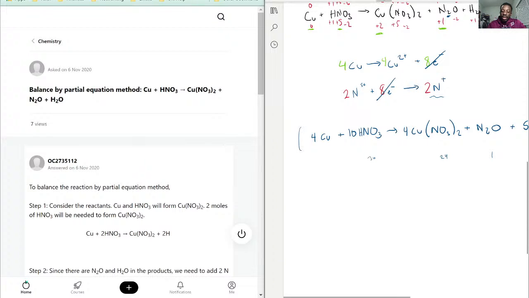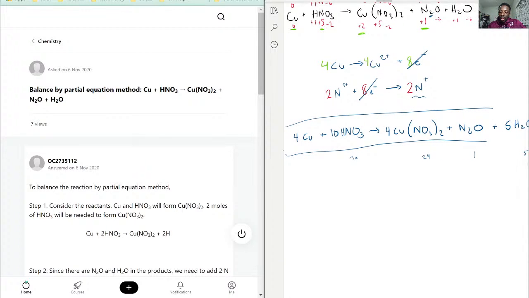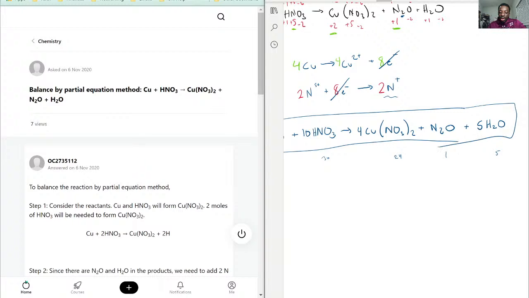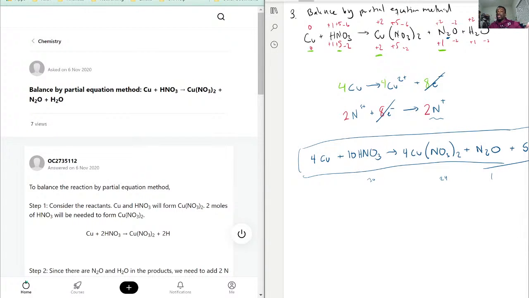So that means this right here is our balanced chemical equation based on the partial equation method, which is just indicating the oxidation reduction reaction. So that's what we did first. We balanced it out, and as you can see here, we translated that 4 and that 2 nitrogens here.